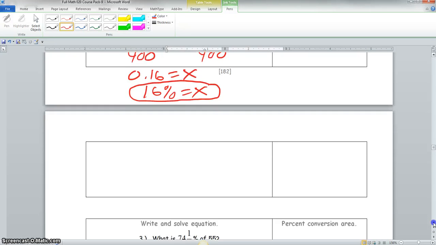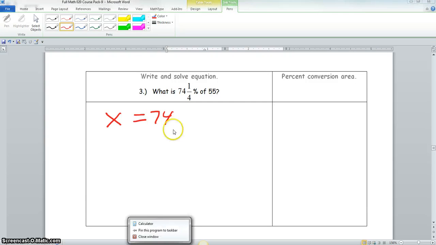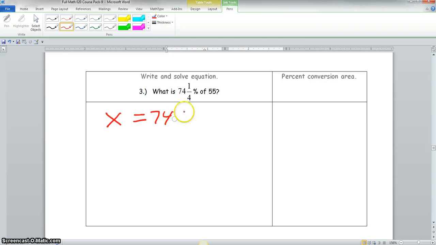Now we scroll down here to number 3. It says, what is 74 and 1/4% of 55? So X is, we have 74. Now watch this. Let's take this fraction here. If we took 1 divided by 4, that would give us 0.25. So really this 74 and 1/4 is really 74.25% times 55.